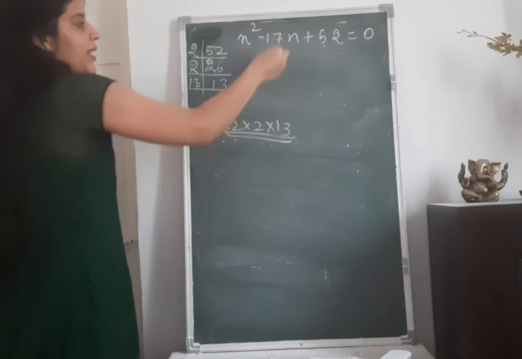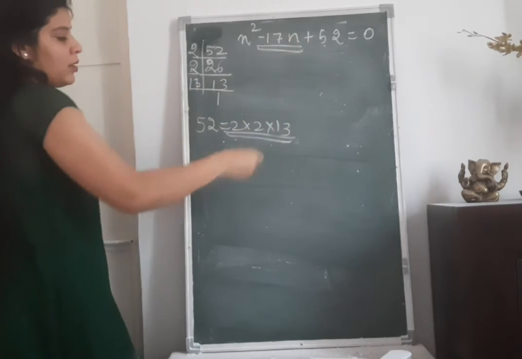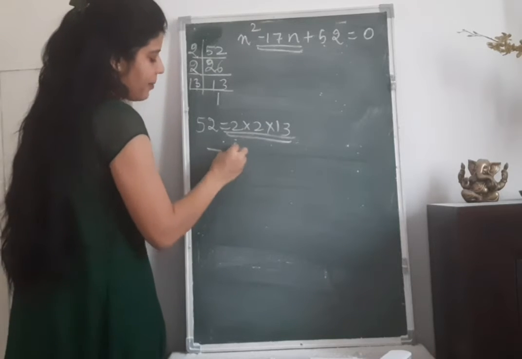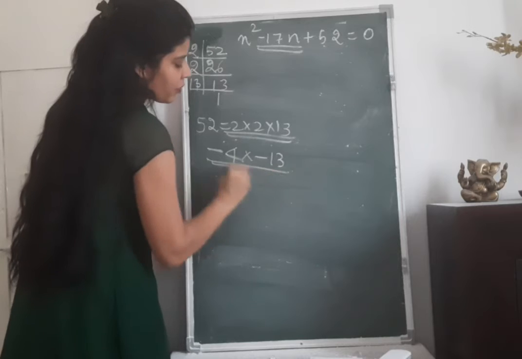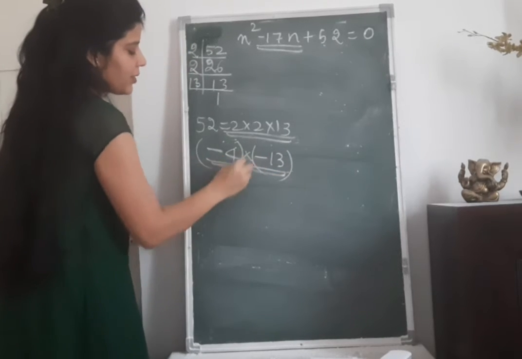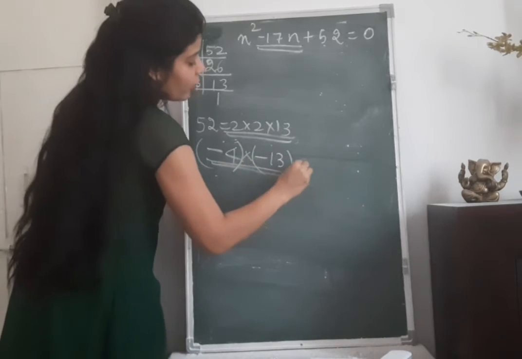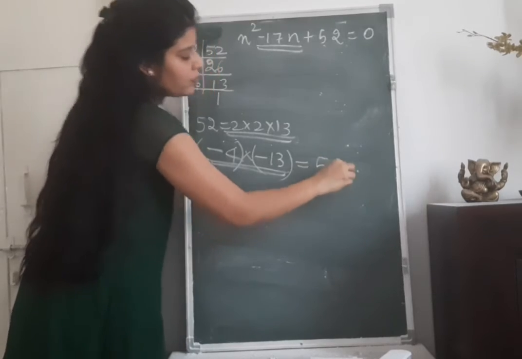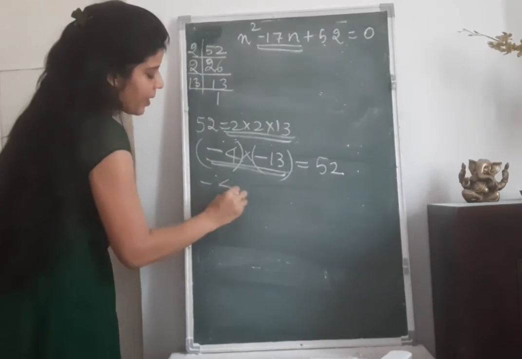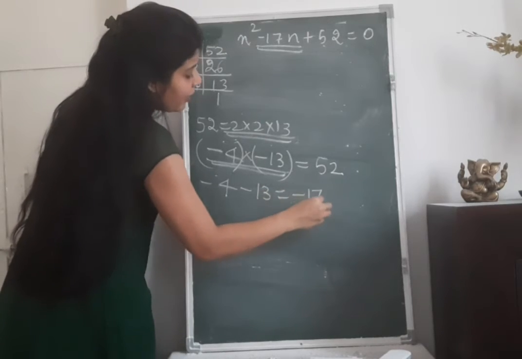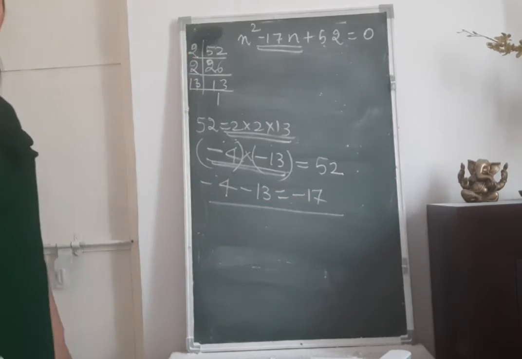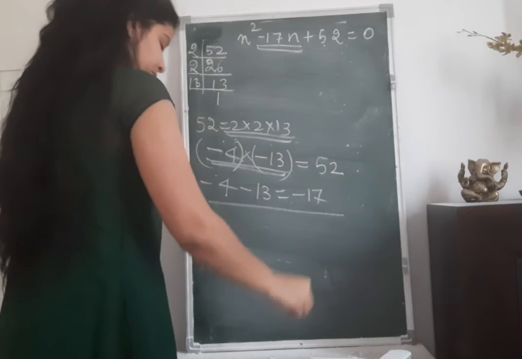How can I make minus 17 with the help of it? If I multiply minus 4 into minus 13, I am definitely going to get plus 52. And if I add minus 4 and minus 13, I am definitely going to get minus 17. So let's break this in this manner.